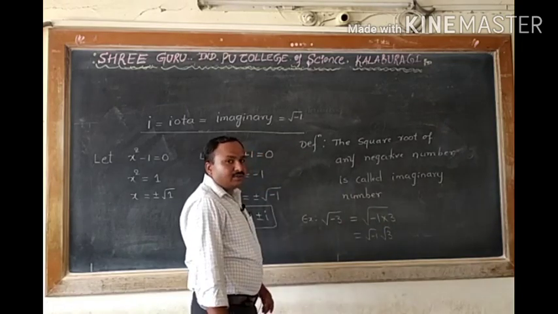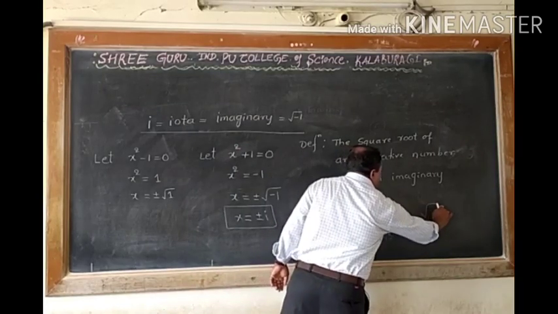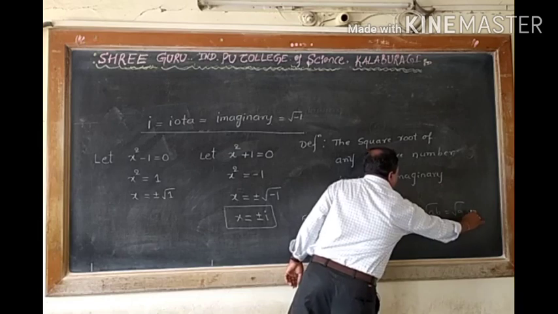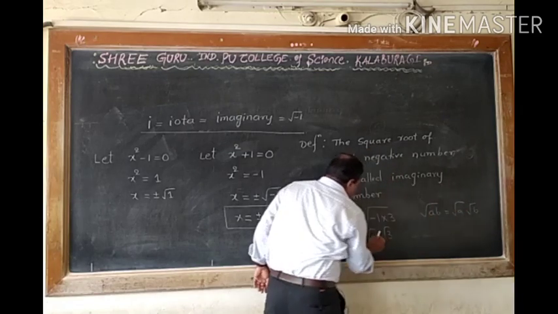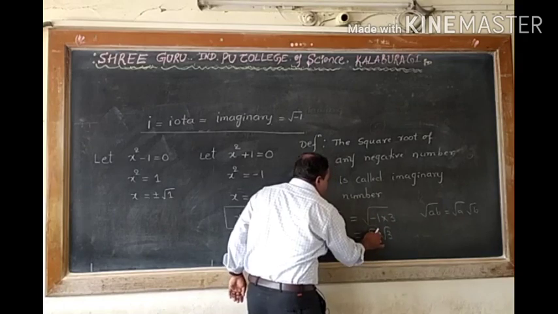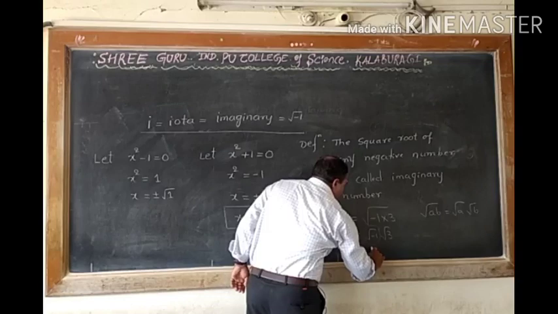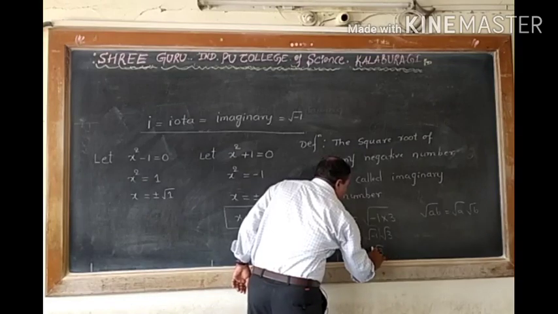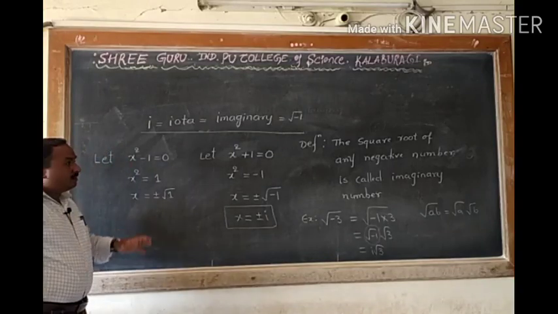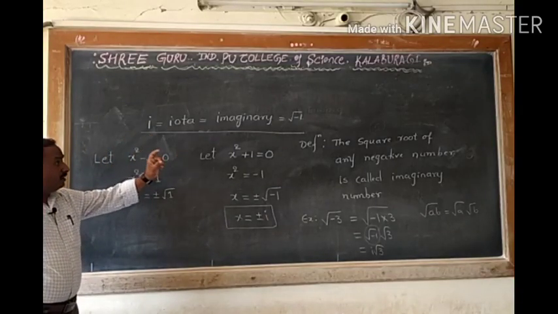Root 3 is a positive real. Do you know that square root of AB can be written as root A into root B? Root of -1 value is what? I, iota. This can be written as i root 3, imaginary.